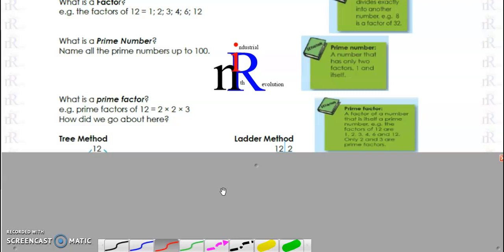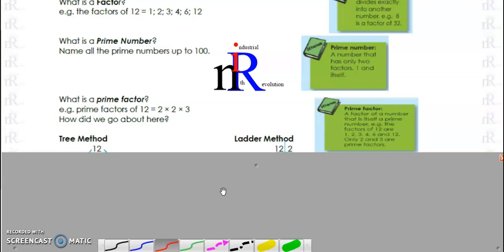For example, if they speak of the number 6, the prime numbers that will give me 6 are 2 multiplied by 3. If they ask me what are the prime factors of 12, 12 will be 4 times 3, but remember 4 is not a prime number.